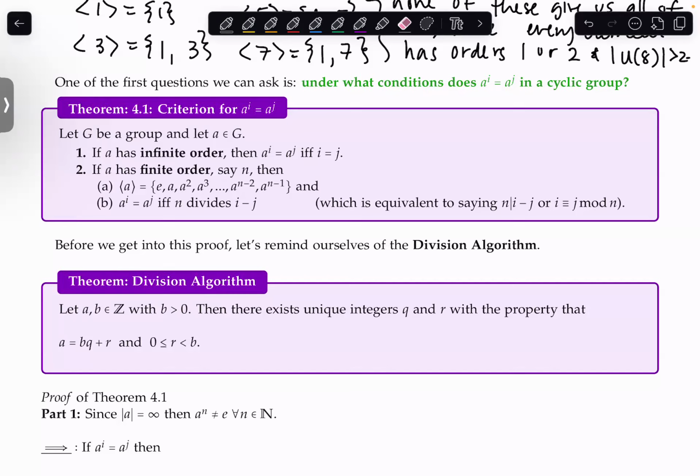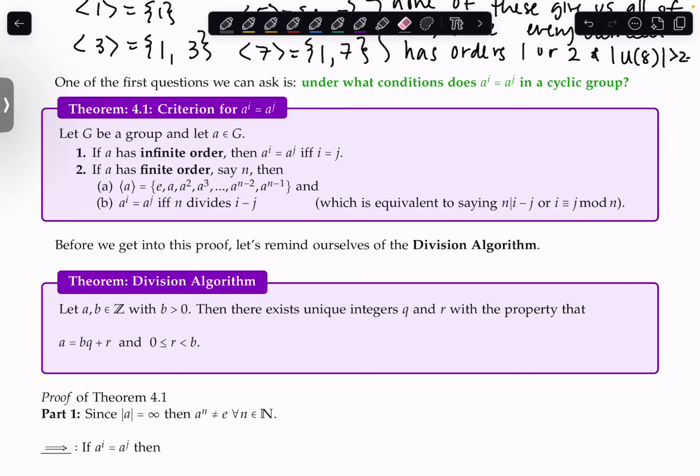That means every power of a can be written as one of these elements. I don't have to write every single integer power because I will have repetition at some point. So I really only get n elements in my cyclic group where a, the generator, has order n. But even more than that, number 2 is telling us when exactly we get that repetition.